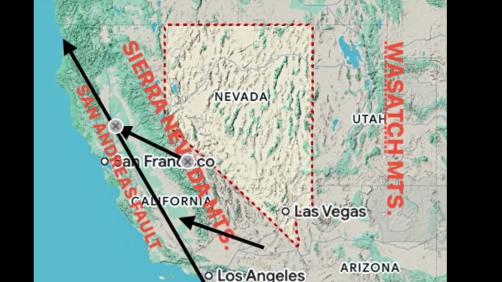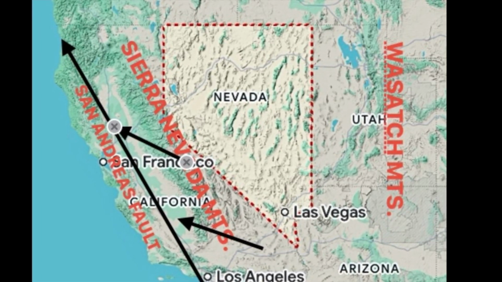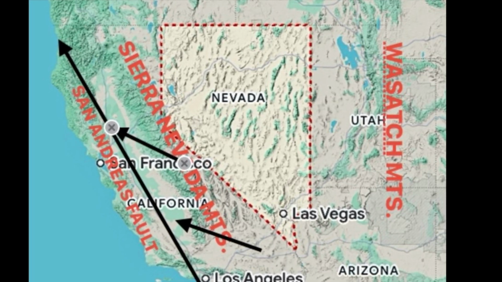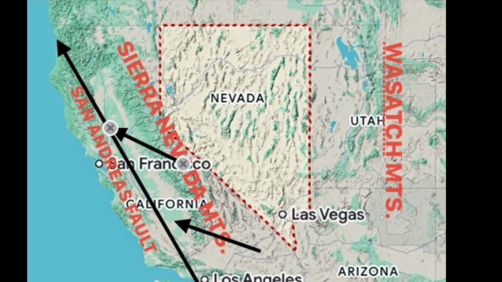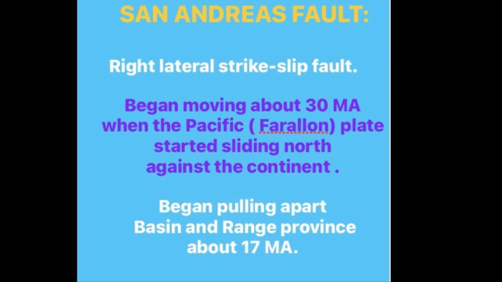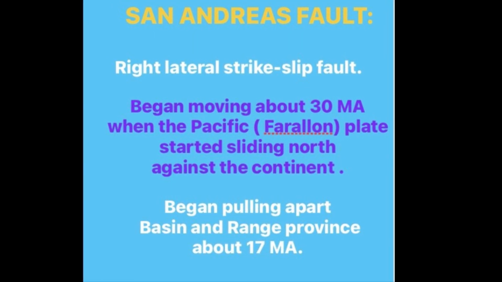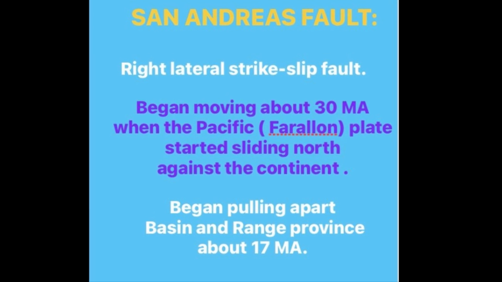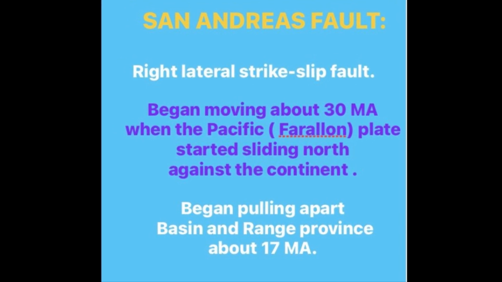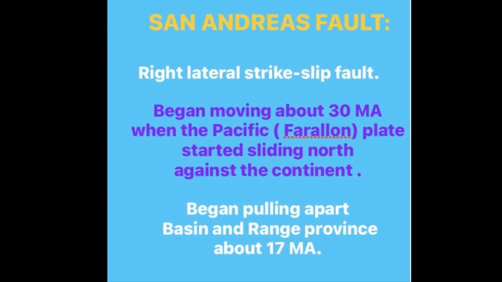This makes the San Andreas Fault also a right lateral strike-slip fault. 30 million years ago, Nevada and the Basin and Range province did not exist. Then, around 17 million years ago, this strike-slip action of the San Andreas Fault began to pull the continent apart.